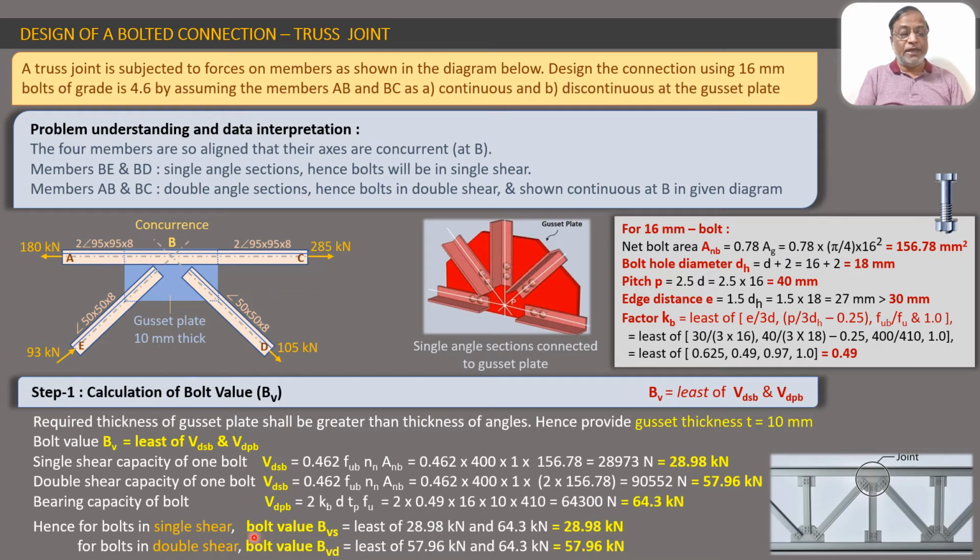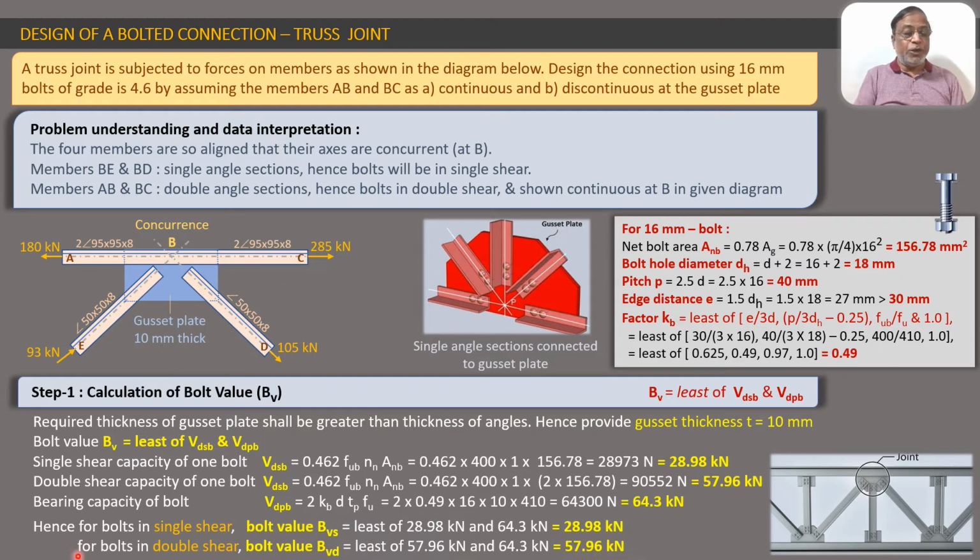So the bolt value for single shear will be the least of these two values. So finally we get the least value as 28.98 kilonewton, and for double shear the bolt value will be the least of 57.96, this value, and the other value 64.3. So the least of these two values will be 57.96 kilonewton.